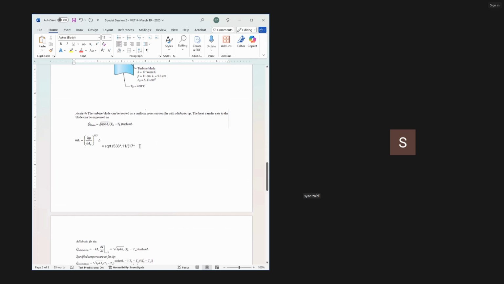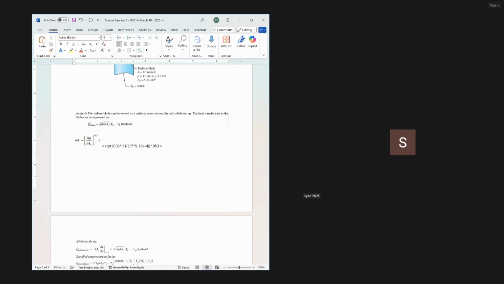Area of cross section is 5.13 centimeters squared. So it is 5.13 e power minus 4. And this is your value of this one multiplied by L, which is the length, given as 5.3 centimeter, which is 0.053. So all these values are given here.